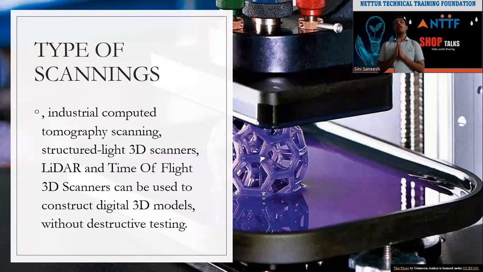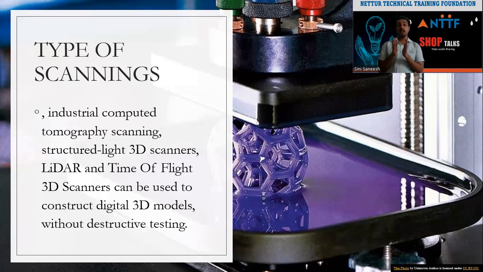Now, let's talk about the types of 3D scanners. There are industrial computed tomography scanning, structured light 3D scanners, LIDAR, and time-of-flight 3D scanners that can be used to construct digital 3D models. Let's talk about destructive testing.